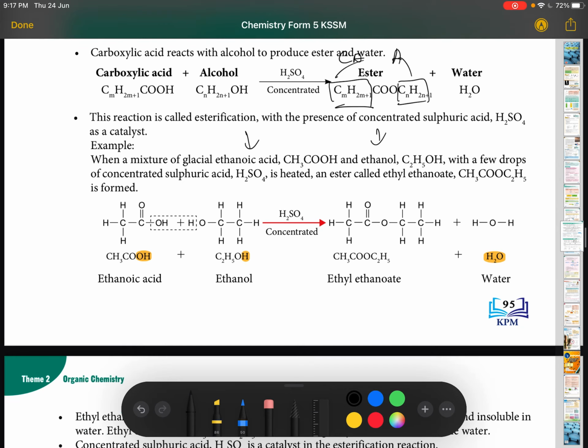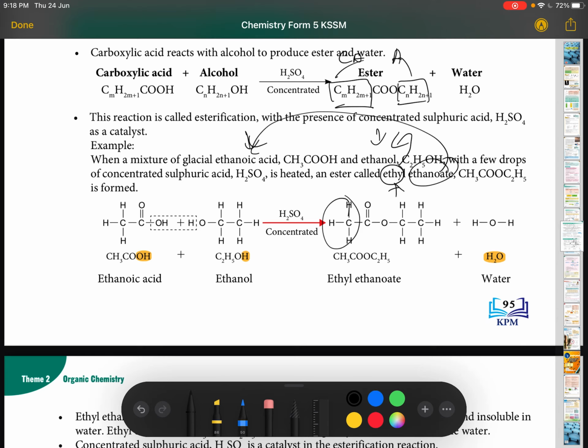You see that ethyl here comes from ethanol, and ethanoate here comes from ethanoic acid. The reason it's called ethyl is that the alkyl group turns into a branch. That's what I understand, so that's why it changes from alcohol to alkyl. But that's not worth knowing about.